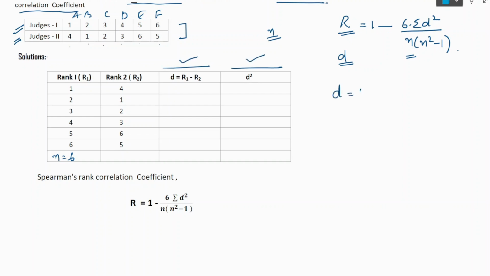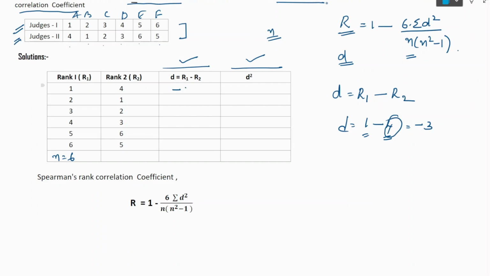d means the difference between these two ranks, that is R1 minus R2. What is R1 here? Corresponding first one, 1 minus 4. What is your d? That is equal to minus 3. The sign is minus because 4 is the bigger number.